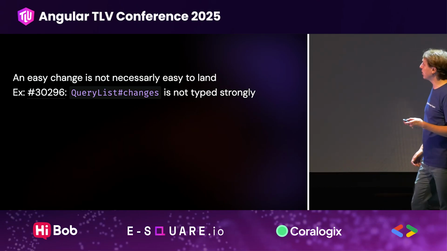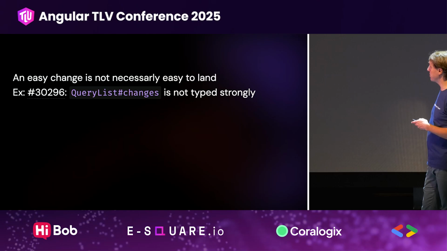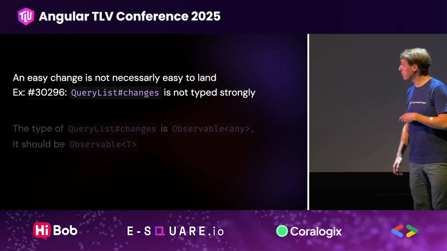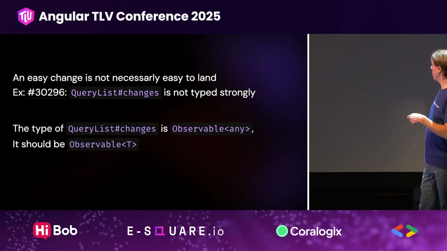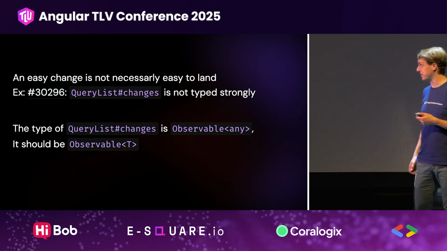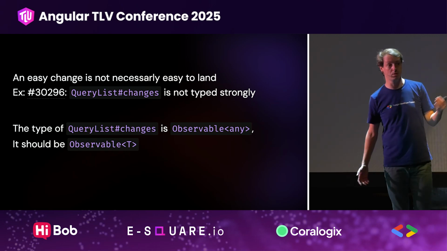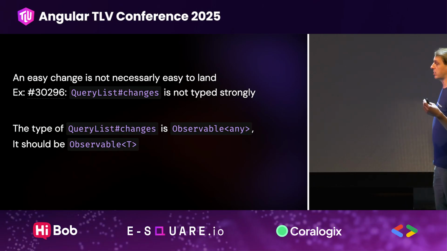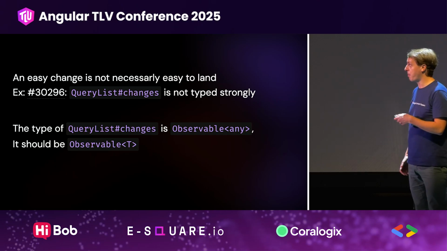There is an issue that asks for changing the types of QueryList changes. Basically, today we return Observable<any>, and we wanted to return Observable<T>, with T being the generic type of QueryList. Looks easy to do. It's a 2-line change. And you're like, okay, I can open a PR. The problem is this kind of change is actually breaking.